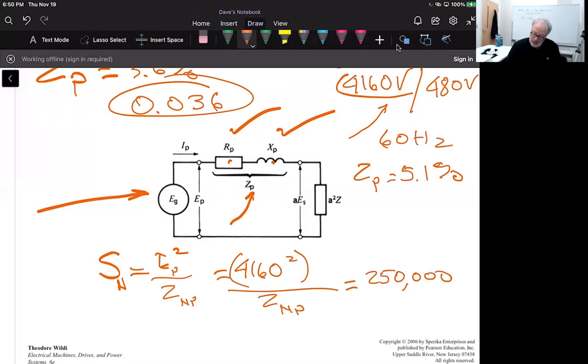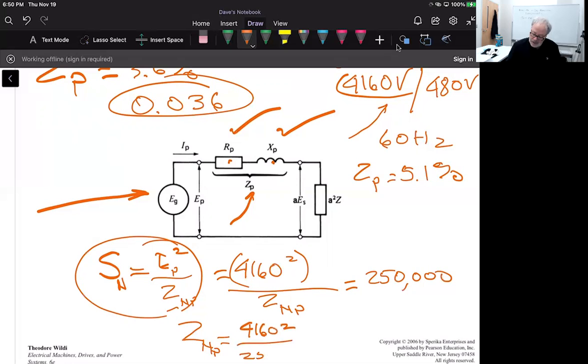So, here's our original equation. Here's the numbers. I solved this for Z base P, right? So I end up with 4160 squared divided by 250,000, and I'm going to come up with 69 ohms as our Z base P.